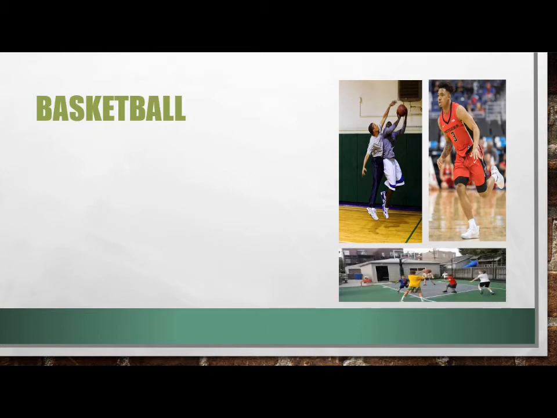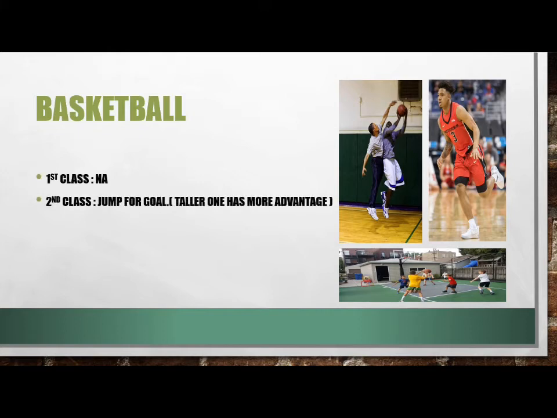Now follow through. For a jump shot, the player comes on the tip of the toe to jump. At this time, second class lever is used. Then in throwing the ball into the net, use the third class lever.